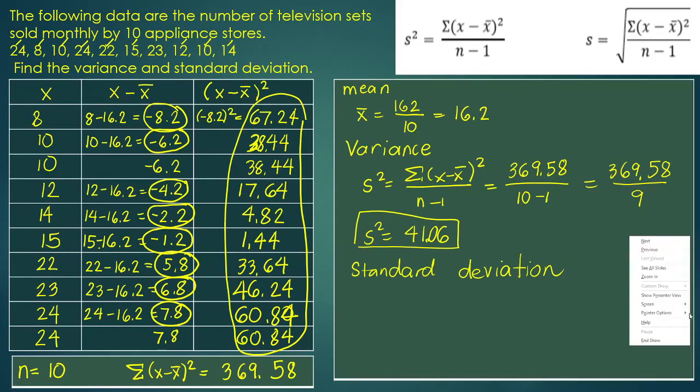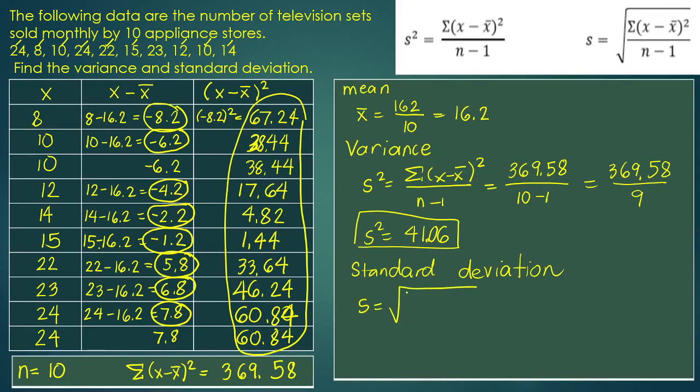What is the square root of your answer in the calculator? Let me write the formula first. We have the square root of 369.58 divided by 9. How much is your answer? We have 6.41. This is now your standard deviation. Any questions about example number 2?